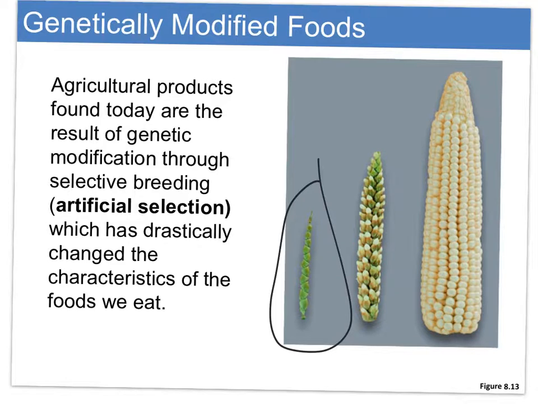Now, in terms of genetically modified foods, we now do something different. So in the past, with selective breeding, you'd want a certain trait, in this case, let's say, these large kernels. The trouble is, when you're selecting one trait, some traits are correlated, and it means essentially that when you change one trait, you drag along other traits with it. And a good example of this is, if you look at dogs, they're descended from wolves.